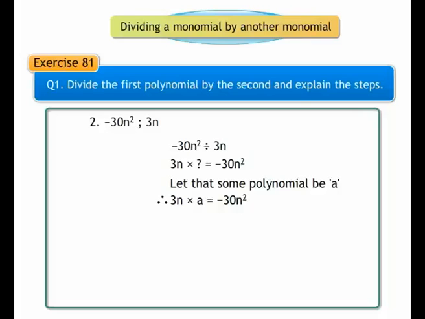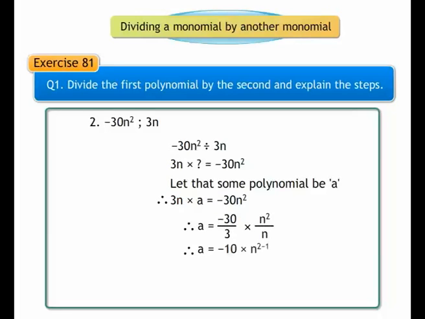Let's separate minus 30n square into two parts, that is, minus 30 and n square. Similarly, let's separate 3n into two parts, that is 3 and n. Therefore, a is equal to minus 30 divided by 3 multiplied by n squared divided by n.